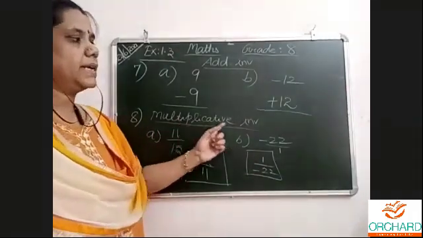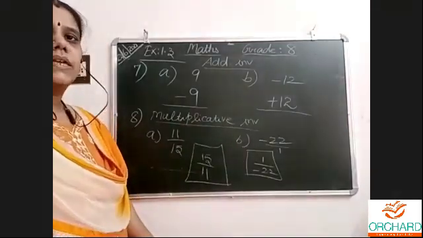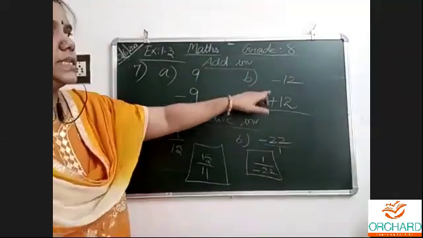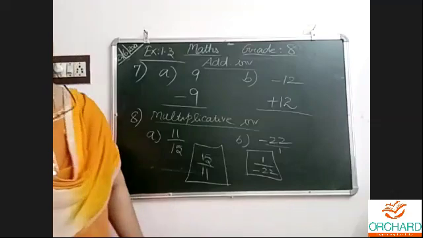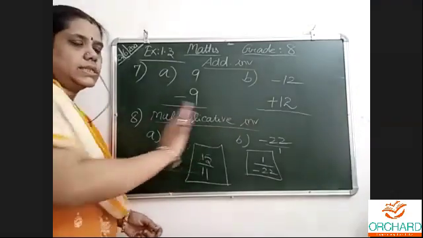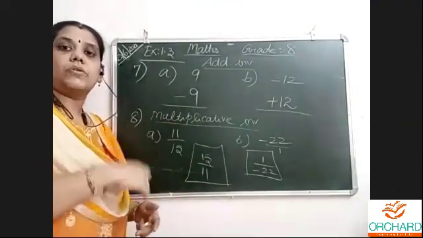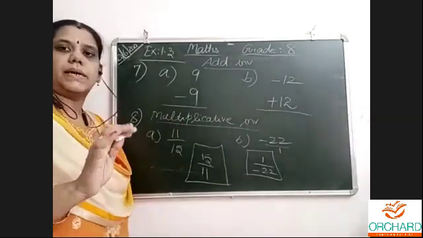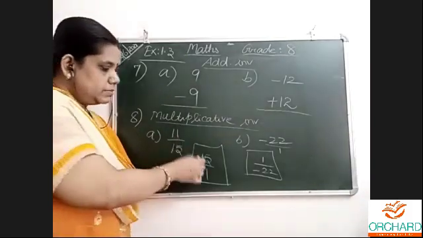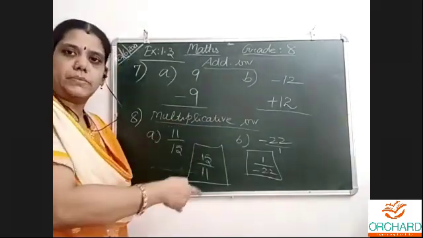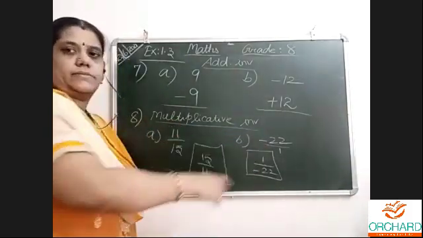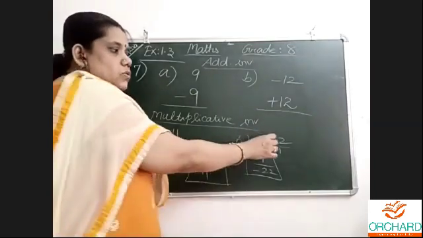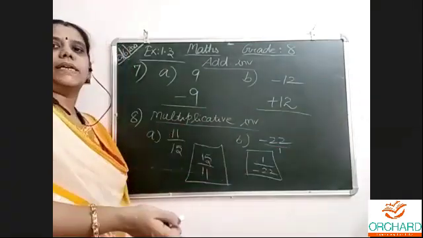Additive inverse means changing the sign. Multiplicative inverse, no sign change, reciprocal of the number. Multiplicative inverse is nothing but reciprocal. Denominator to numerator, numerator to denominator. Reverse. Minus 22 by 1, 1 by minus 22.